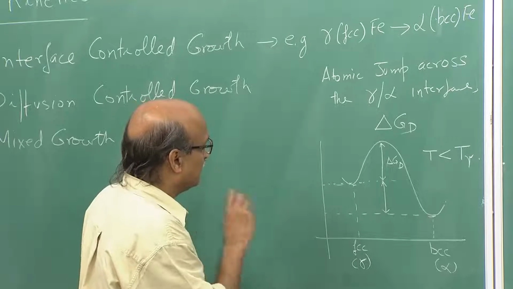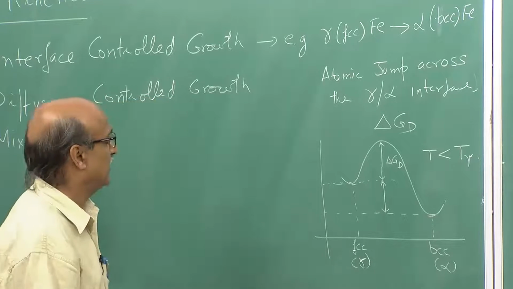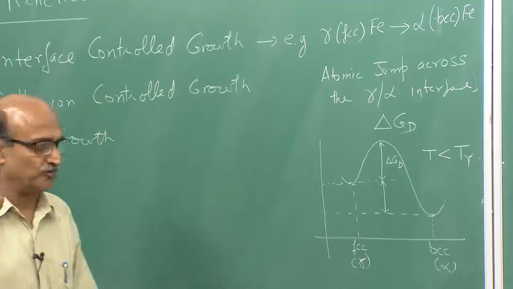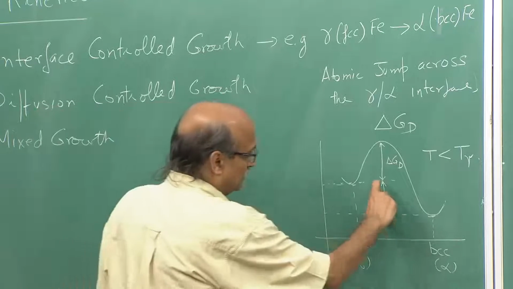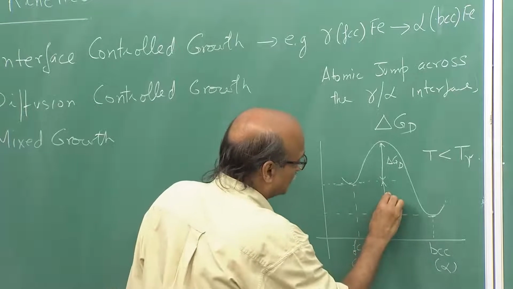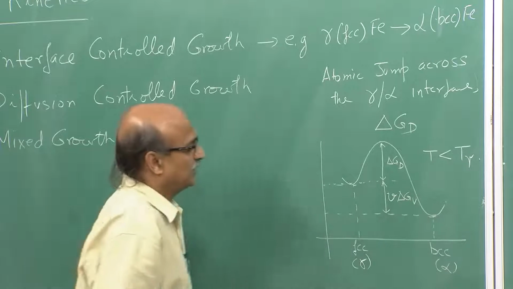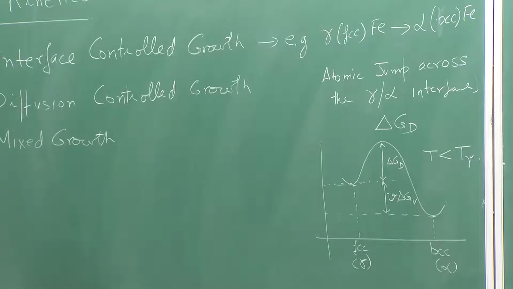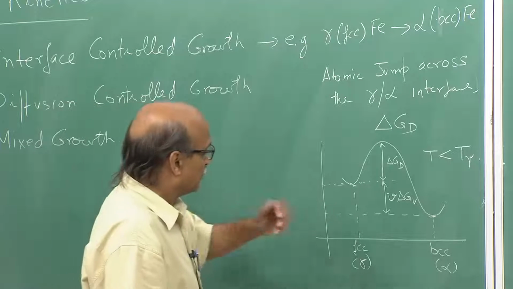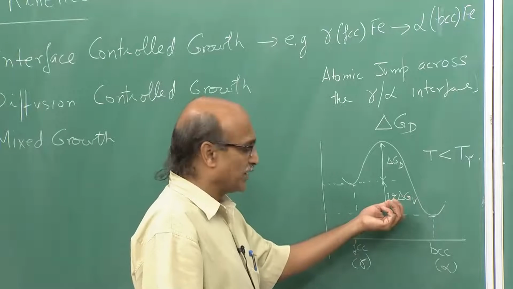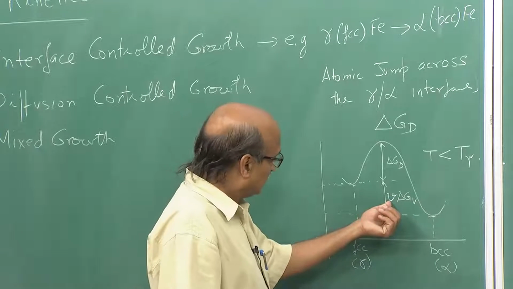And what is that level? Well, if one atom jumps and if that atom has a volume of V, then this barrier is of the order of V times delta GV, the volume free energy change per unit volume, multiplied by the volume of the single atom.